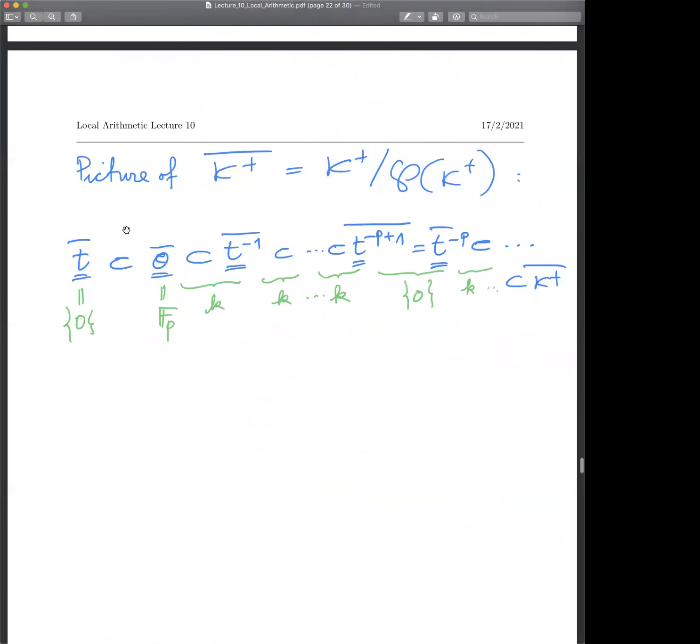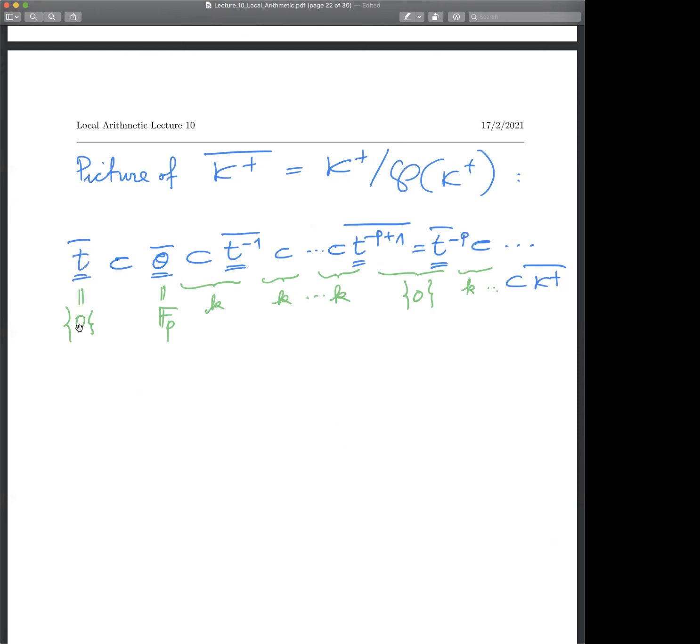So here is a picture of K plus bar, which was an abbreviation for K plus modulo PK plus. All these images of T and O and T to the minus 1 and so on give a filtration of this K plus bar. And the filtration stops here in some sense.